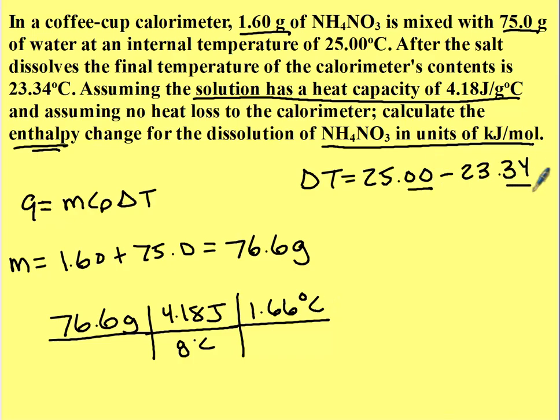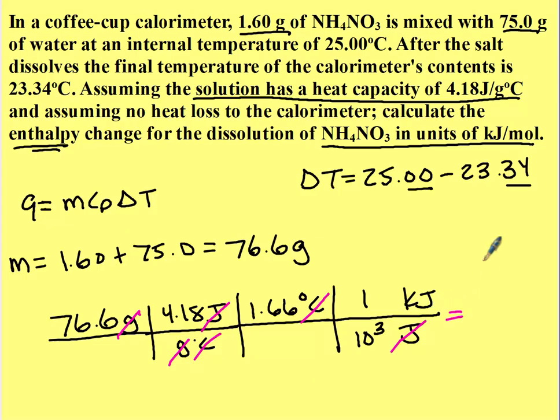And I need kilojoules again, so I might as well just go ahead and convert to kilojoules now. So joules to kilojoules, 1 goes with the prefix and 10 to the third. So we get 0.532 kilojoules.